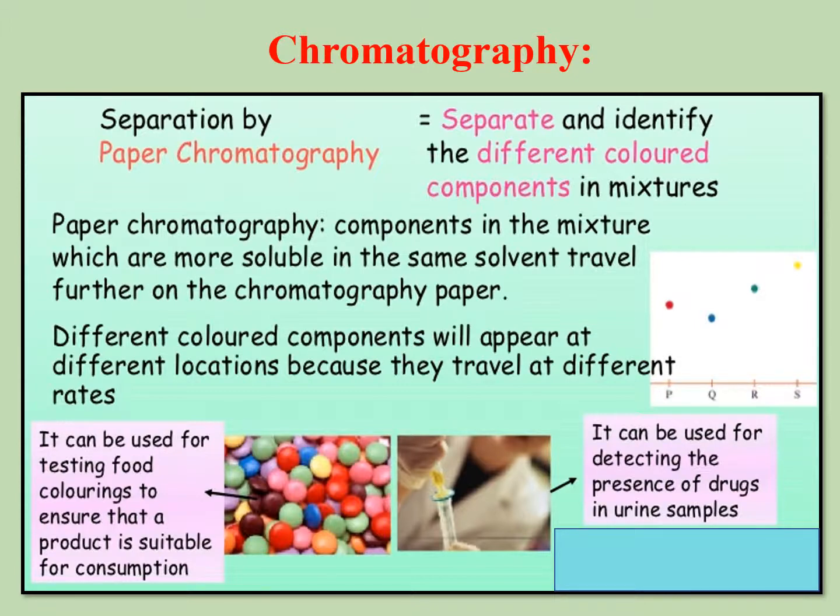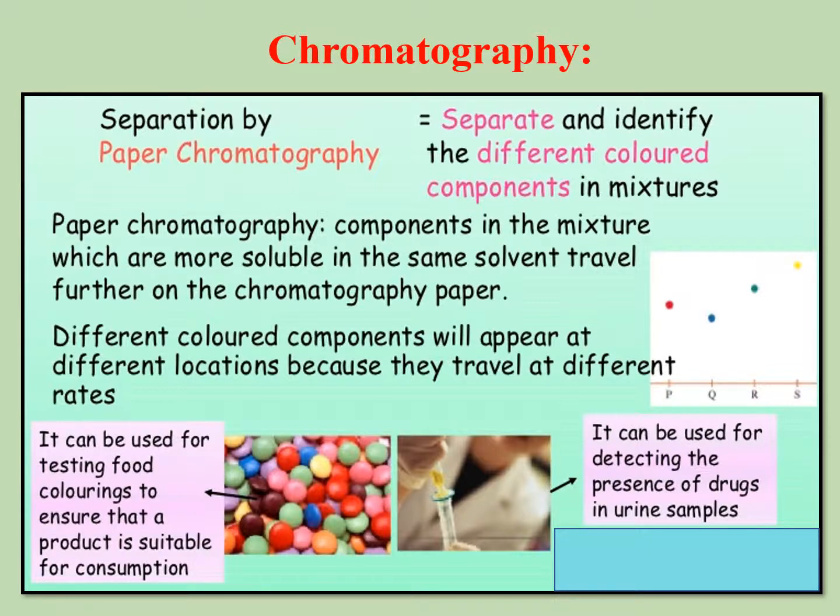Chromatography. Chromatography is again a process used for separating, and there are many kinds of chromatography. Here we are discussing paper chromatography, which is used to separate and identify the different colored components in mixtures.